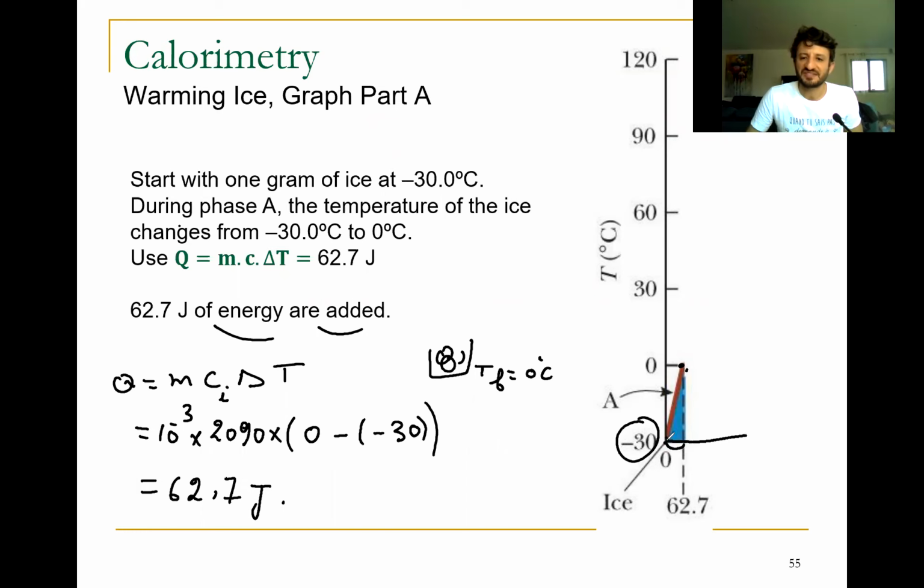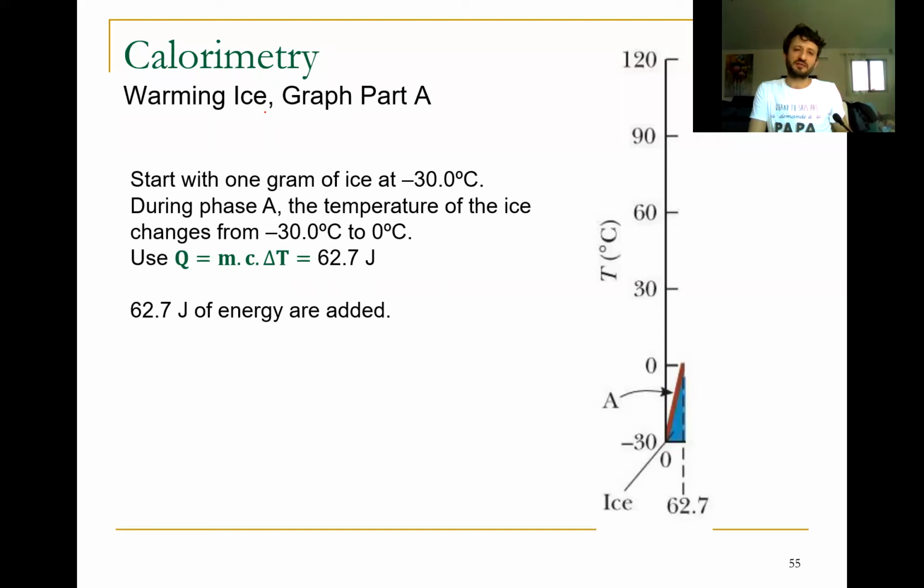So on the x-axis, which represents the energy added, we put 62.7 joule. This is the energy needed. The second point, we have to convert this 1 gram of ice from 0 ice to 0 liquid.